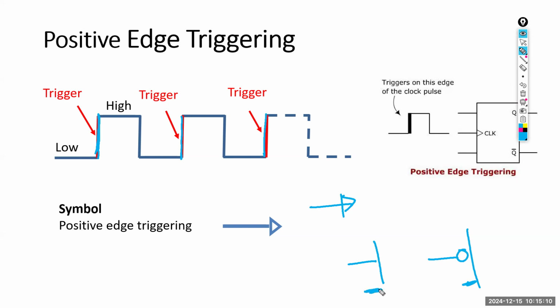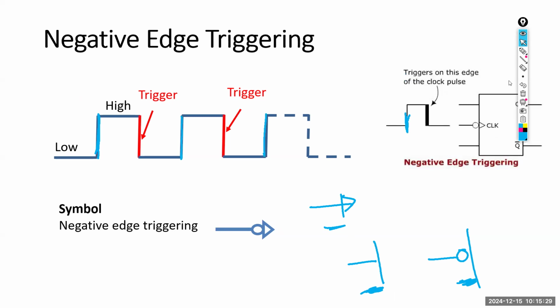This is high level triggering, low level triggering. This is positive edge triggering. So that means the circuit is triggered at the rising edges. Then falling edge or negative edge triggering means it's triggered when going from high to low. It's a very tiny time period. And the symbol is a circle and sort of a triangle.